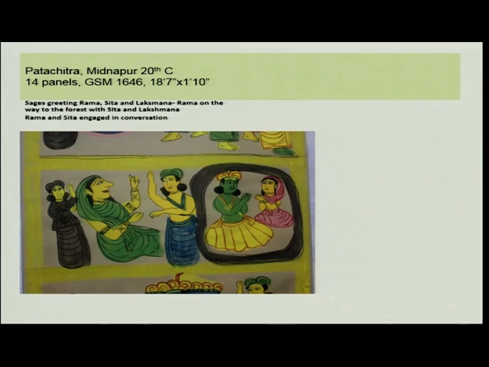Rama on the way to the forest with Sita and Lakshmana. Rama and Sita engaged in conversation. And see how simply they have separated the space where two people are sitting in isolation and the other things are happening just outside. The amazing spontaneity and simplicity in the artworks are making it very expressionistic.